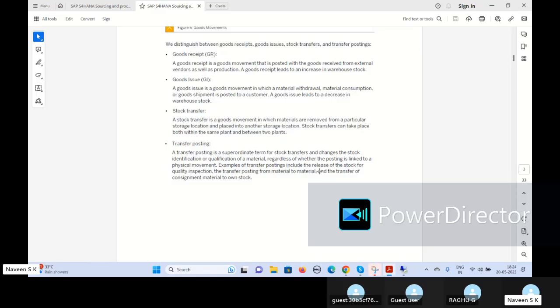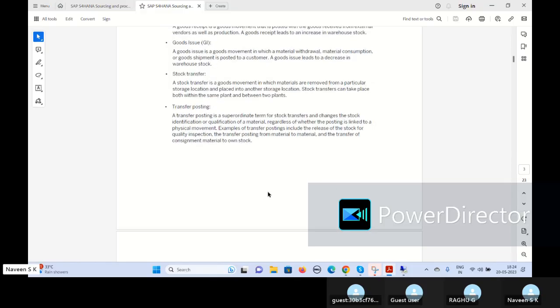A, B, C, all three chemicals are in the same location, not in different locations. That is also called a material to material movement. Yes, I got it. We are mixing one material with another material, and that happens in the same location only.